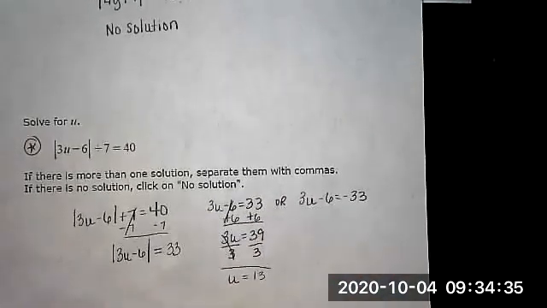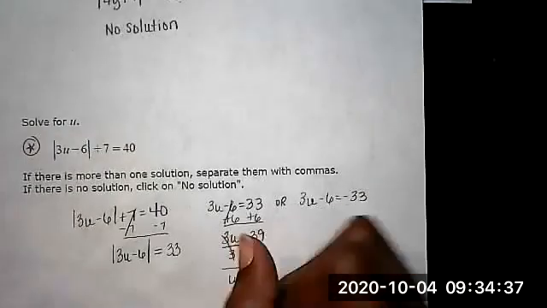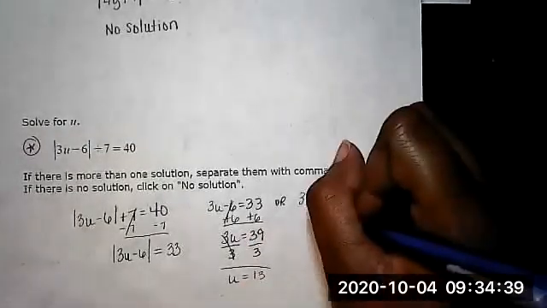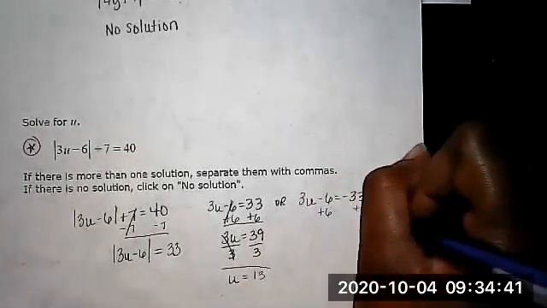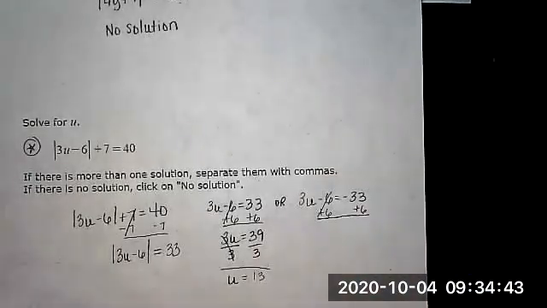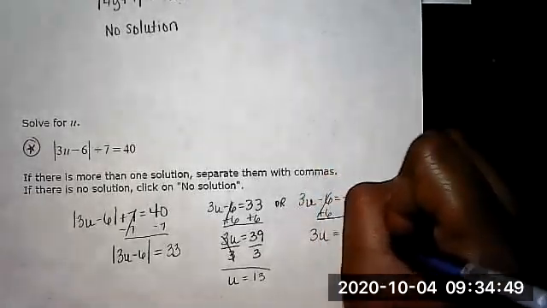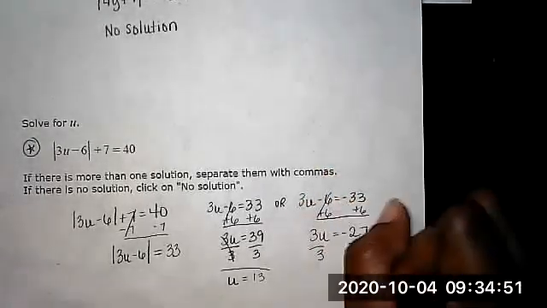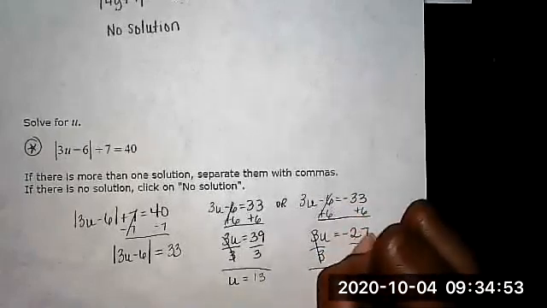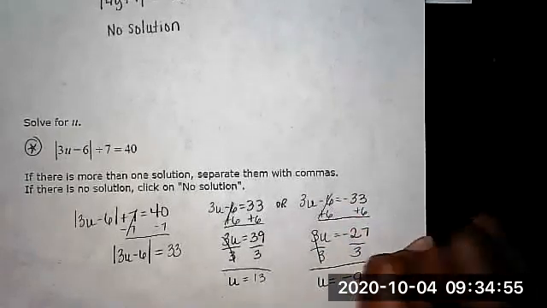So we have that for our answer for u, for one of them. Let's add 6 to this side. So we have negative 33 plus 6, and we'll have negative 27. So 3u equals negative 27 on this side. Divide by 3 there. u is going to be equal to negative 9.